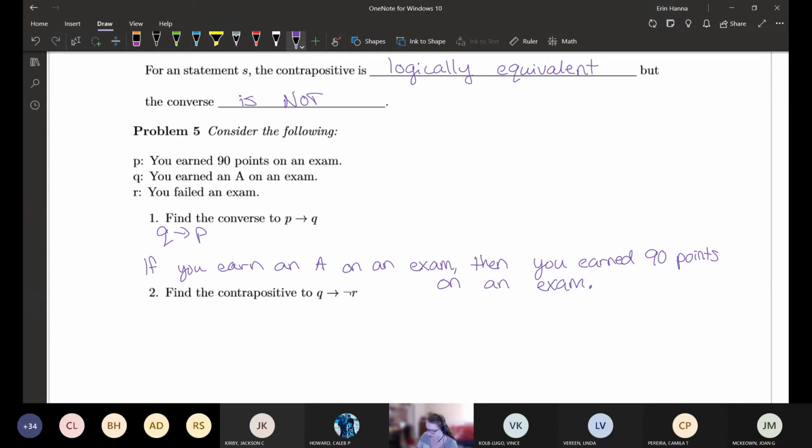Now, just to super duper clarify, when we're writing these statements out, we're not saying anything about whether they're true or false. Obviously, if you think about life, you could get an A on an exam and not have 90 points. So when we write these statements out in English, we're not saying they're true or false necessarily. We haven't looked into that yet. And then I'll wait a couple seconds so you can write that down.